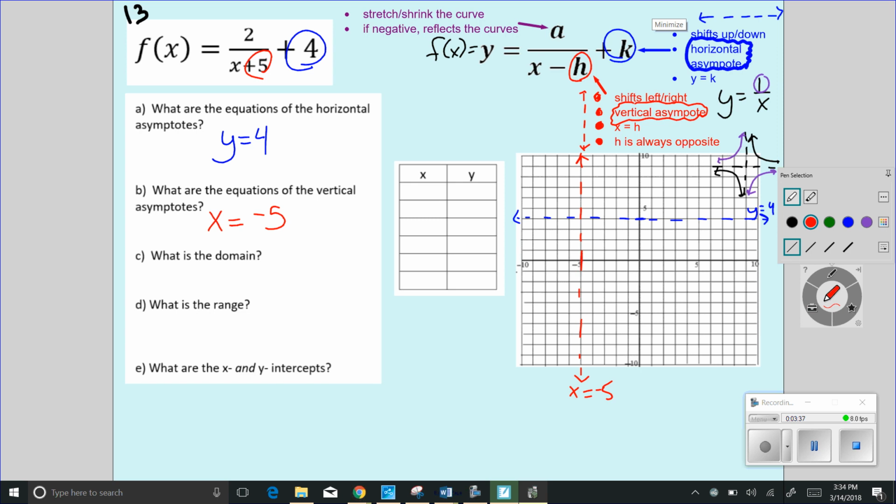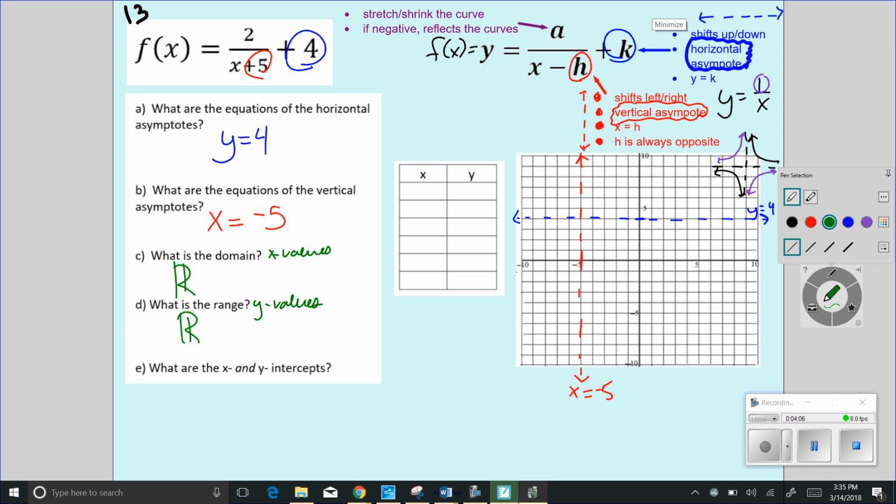Okay, next up is identifying the domain and the range. Both of these have a direct correlation to what your asymptotes are. Remember that domain is referring to all possible x values of your function, and the range is referring to all possible y values of the function. For both of these, it can be every single number that you can imagine in the reals, so all real numbers.